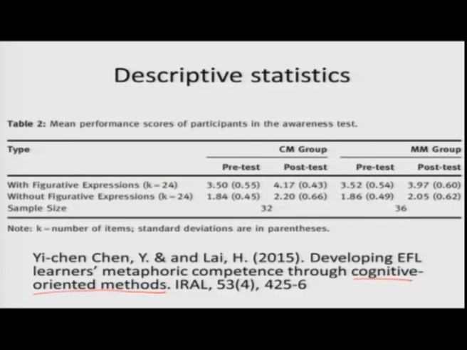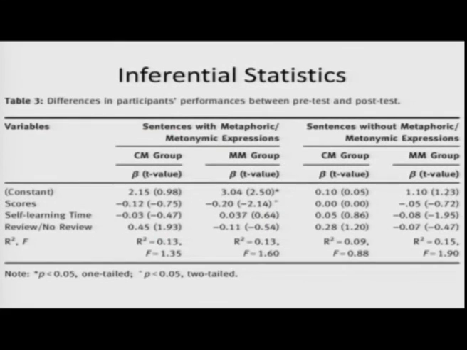These are mean scores. They just represent, and standard deviation scores are given in parentheses. This is an example of descriptive statistics. This is an example of inferential statistics.